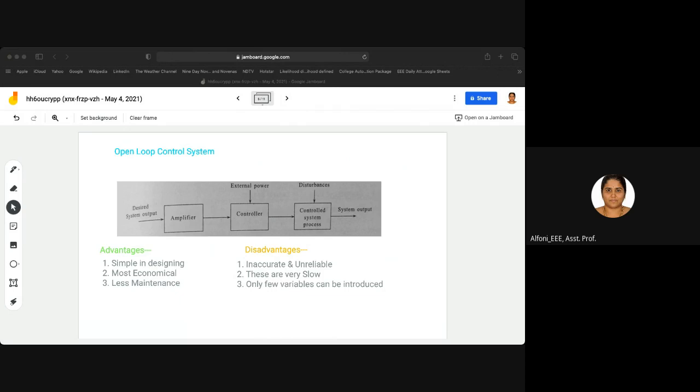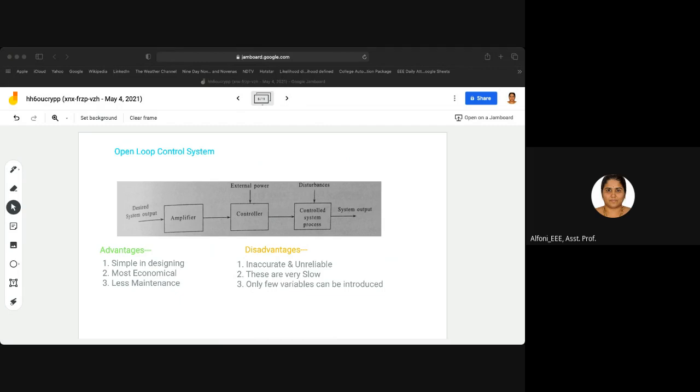But we have some advantages of the system, since it doesn't have any feedback. This open loop system is very simple in design.